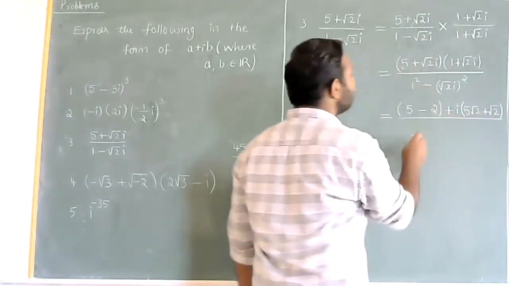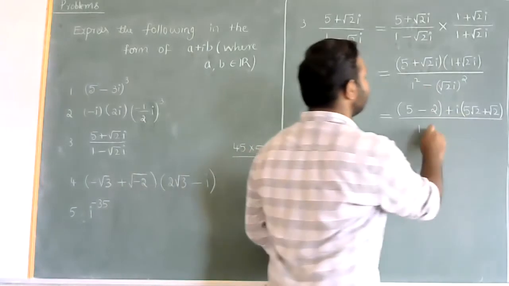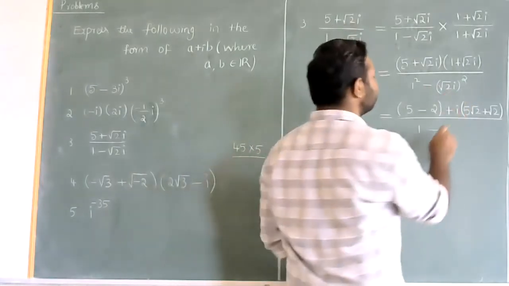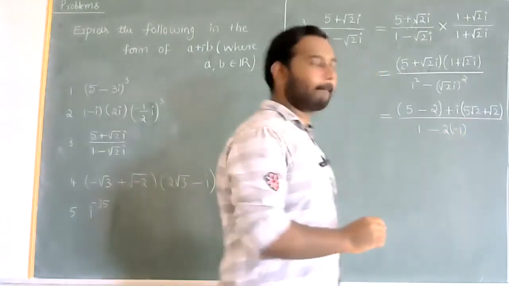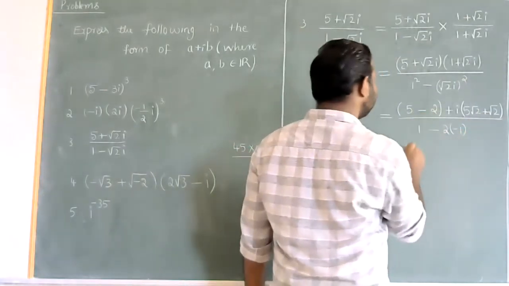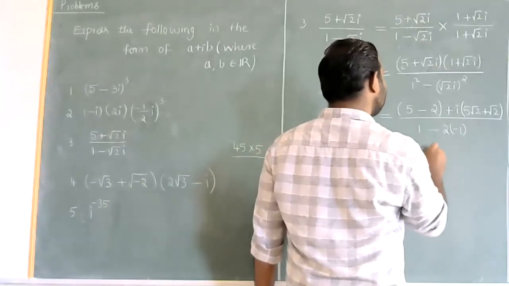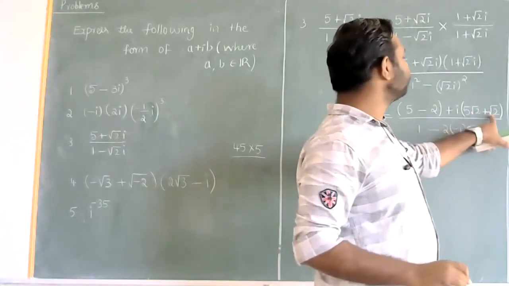Divided by 1 square, which is 1, minus root 2 whole square, which is 2. i square is minus 1. So now 5 minus 2 is 3, plus i into 5 root 2 plus root 2.